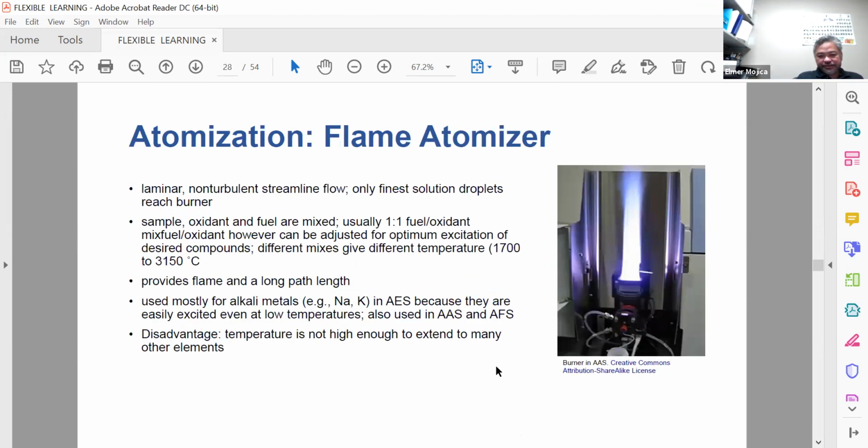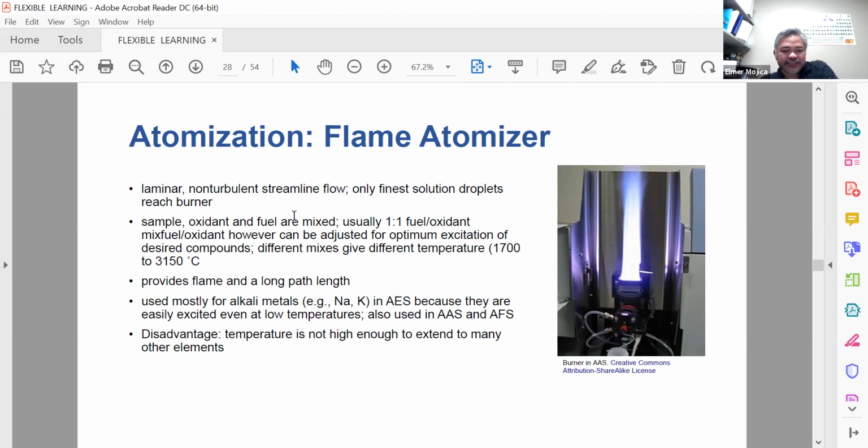Okay. So let's go on to atomization using a flame atomizer. This is what the flame looks like. It's a laminar, non-turbulent streamline flow. Only the finest solution droplets reach the burner. In the sample, you have an oxidant and a fuel that are mixed. Usually, there's a one-to-one fuel and oxidant mixture.